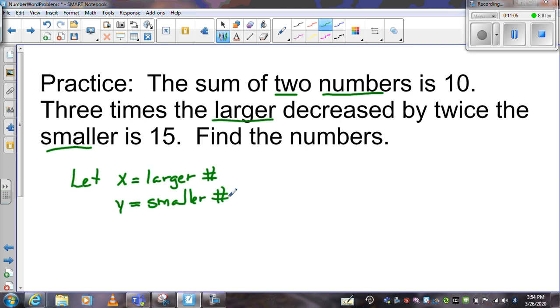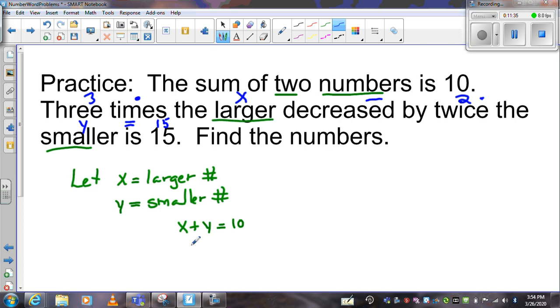So let's take a look at the first sentence. The sum of two numbers is 10. That should be an easy one. x plus y equals 10. The next one, let's write right above the words. 3 times the larger, that would be x, decreased by, there's your minus, twice the smaller, my smaller is y, is in math means equals 15.